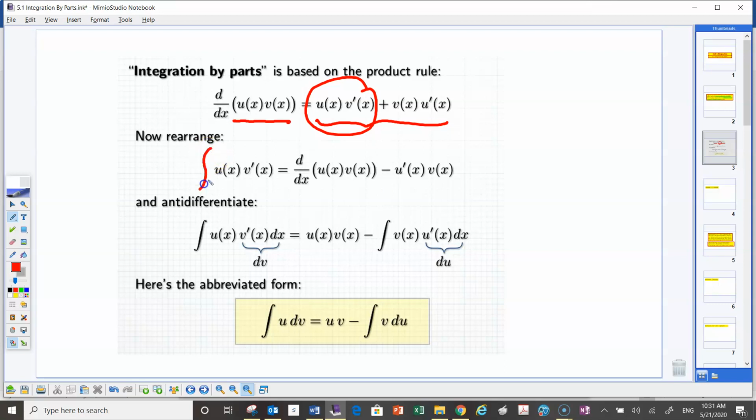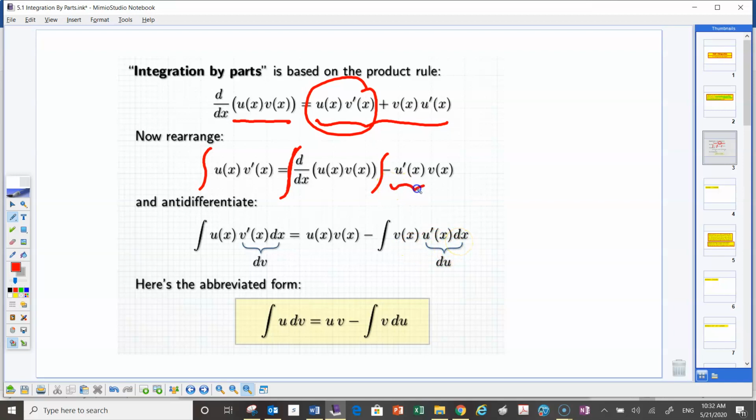Now I'm going to integrate each term on both sides, and I'm going to get the integral of u v prime dx is equal to, well, the integral of a derivative, those cancel out, is just u(x) times v(x), minus the integral of v(x) times u prime(x).